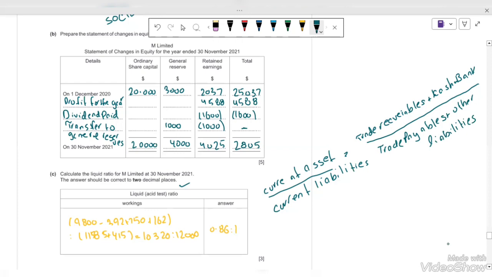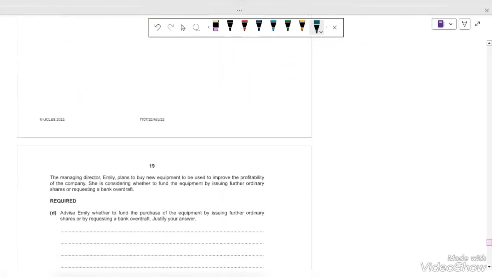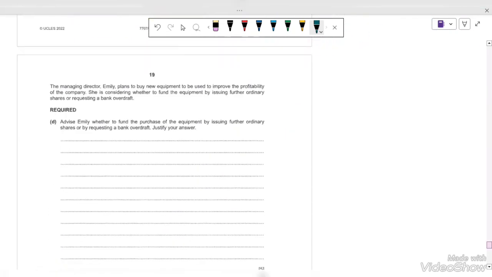Okay, so after that we have one more part remaining, part D, in which they require advice from us: advise M Limited whether to fund the purchase of equipment by issuing further ordinary shares or by requesting a bank overdraft.